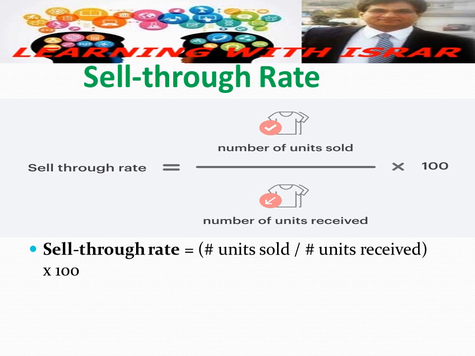Here is the formula: sell-through rate is equal to number of units sold divided by number of units received, times 100. It is very important to manage our pipeline of inventory. If our sell-through rate is higher, then we have to bring more inventory. If the sell-through rate is lower, then we have to slow down our pipeline of inventory.